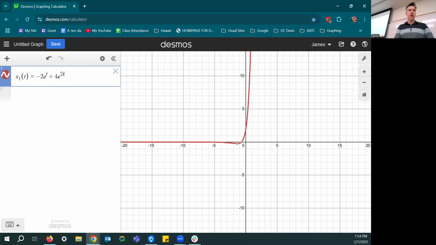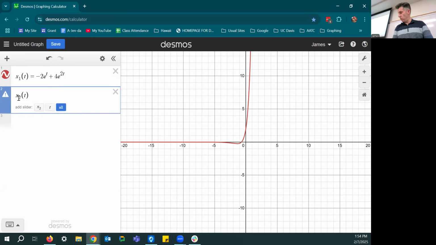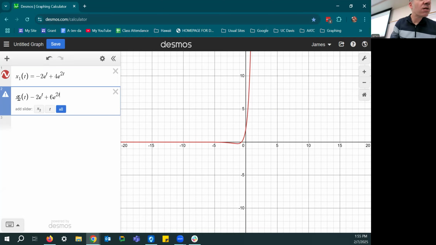Let's look at the other one as well, which was x2 of t equal to negative 2 e to the t plus 6 e to the 2t, which should get bigger even faster. I'm sorry, I forgot an equal sign there. That's kind of important.